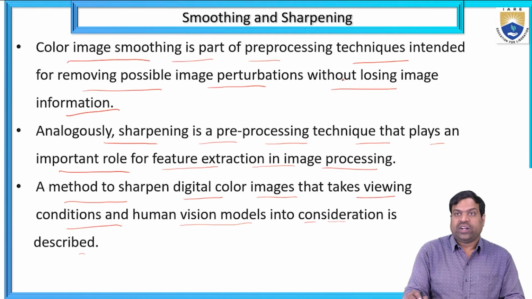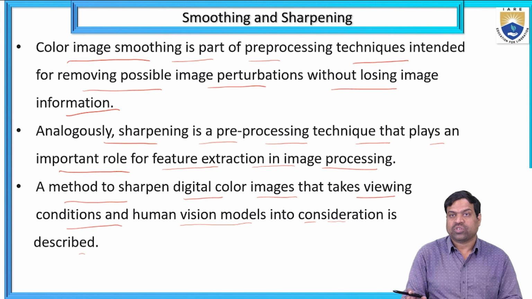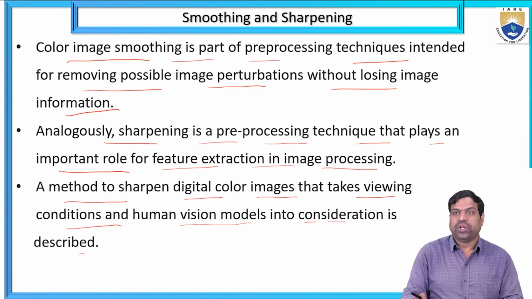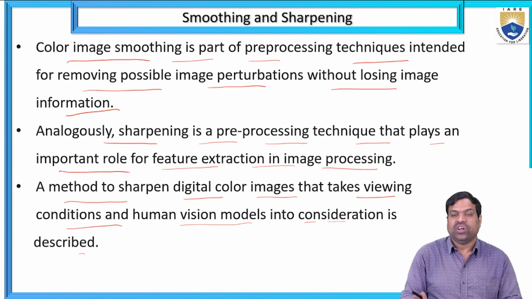So smoothing and sharpening play major roles in reducing or removing noise in color image processing, as per the human visual system. Smoothing is a pre-processing technique intended to remove possible image perturbations without losing image information. Analogically, sharpening is a pre-processing technique that plays an important role in feature extraction.